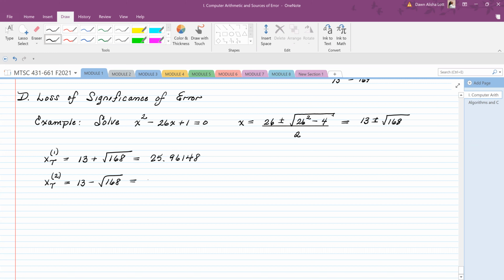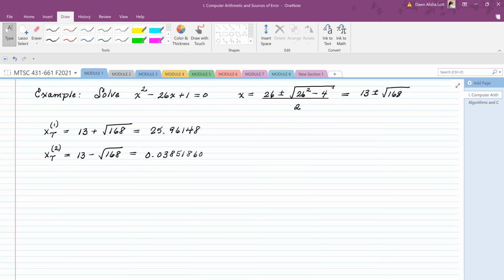And it is 0.03851. Okay, I wrote the wrong answer. 0.03851860. Okay, there we go. All right, so now let's say we use a 5-digit machine.